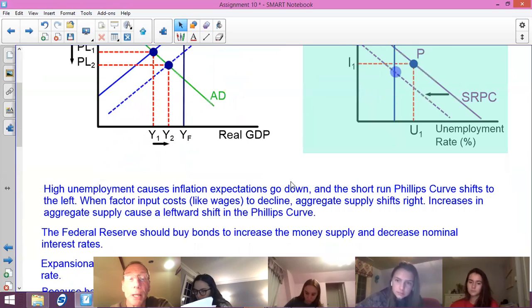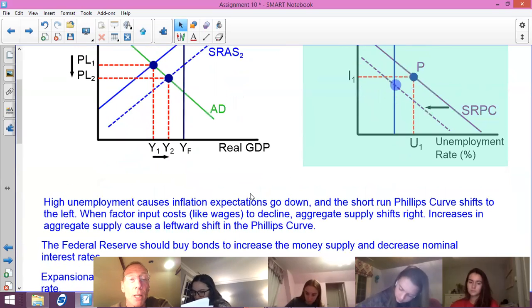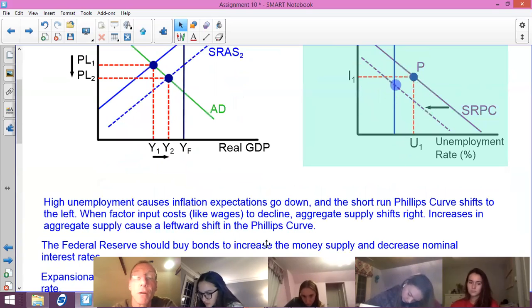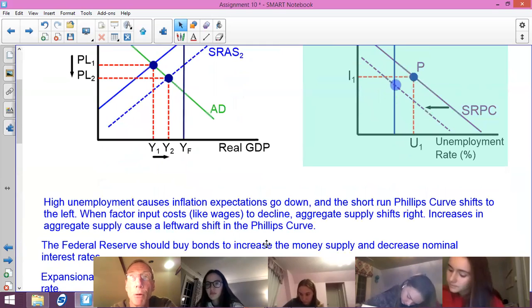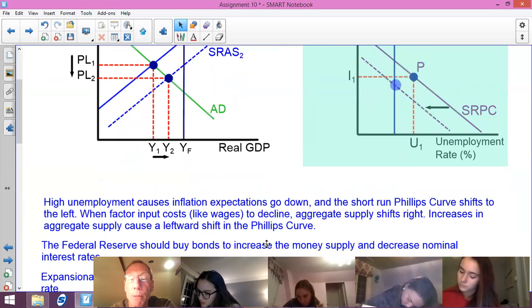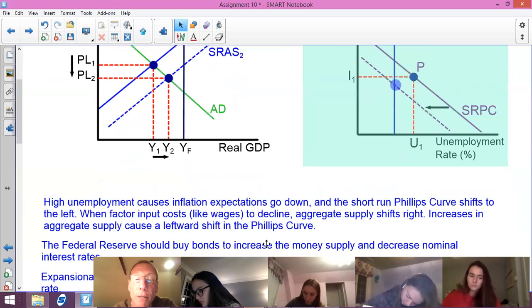The way you would explain that is that high unemployment, which is what we have right here, causes inflation expectations to go down. In other words, if people can't buy things because they're not employed, that's going to shift demand to the left, which means prices are going to end up going down, not up.